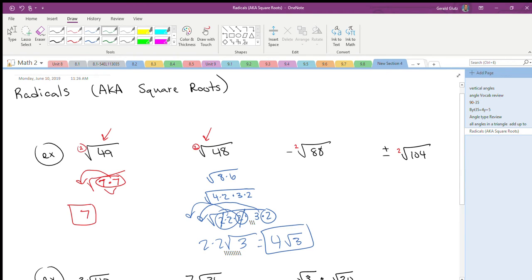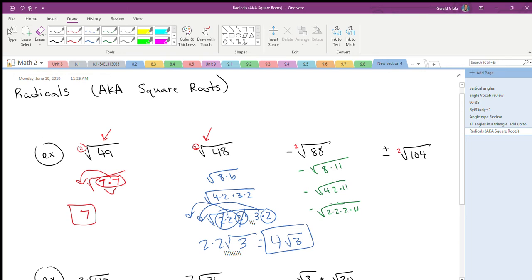So I'm going to do the same thing on the next example. So negative square root. What 2 numbers multiply to equal 88? Well, I know that 8 times 11 is 88. So I can't break down 11, but I can break down 8. So 4 times 2 times 11, and then 2 times 2, and then times 2 times 11. So now I can no longer break down those numbers. They are all prime.